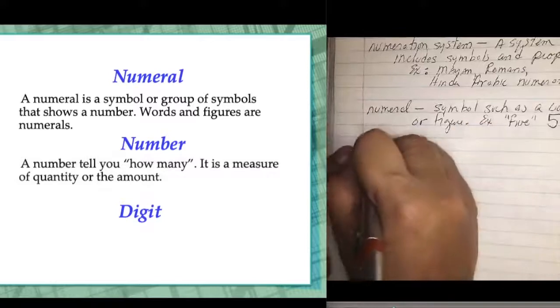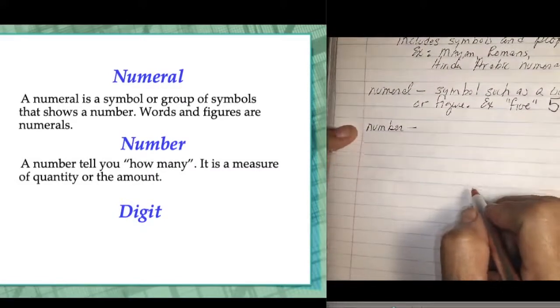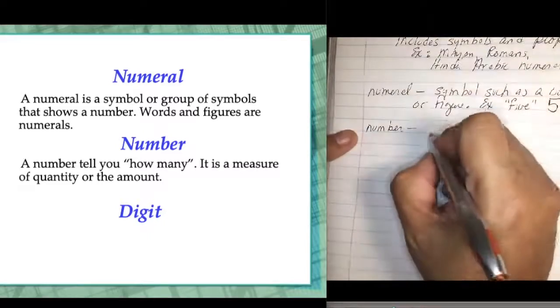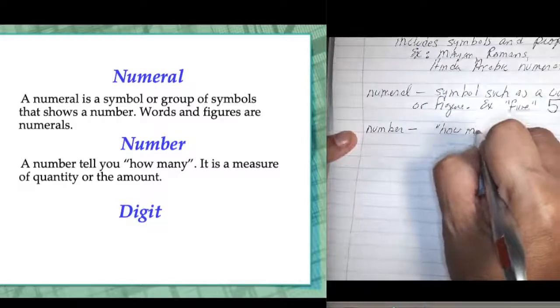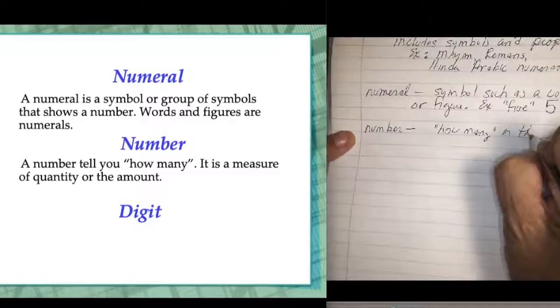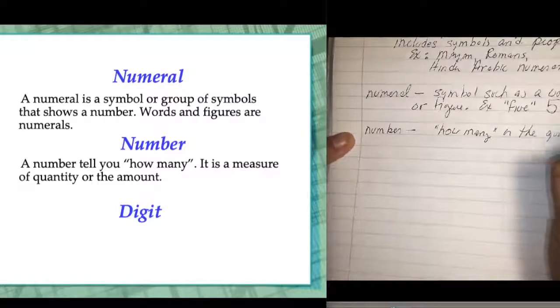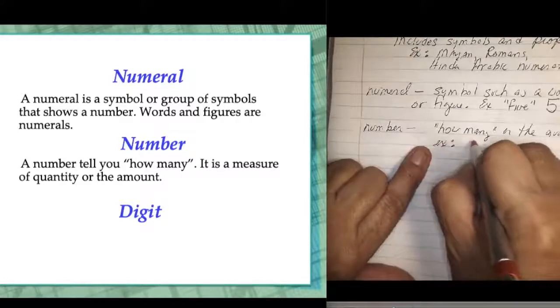A number, however, is referring to the quantity. It refers to how many, or the quantity. For example, I have 5 apples.